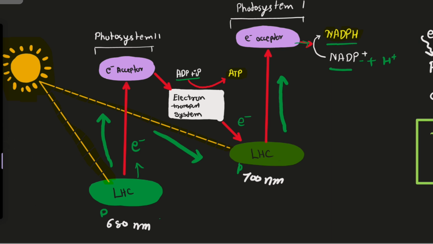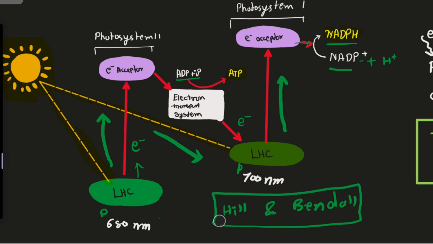That's why it is called the Z scheme. This Z scheme was proposed by Hill, Lee and Bendall. Okay, these are scientists' names. They proposed the Z scheme of two photosystems.